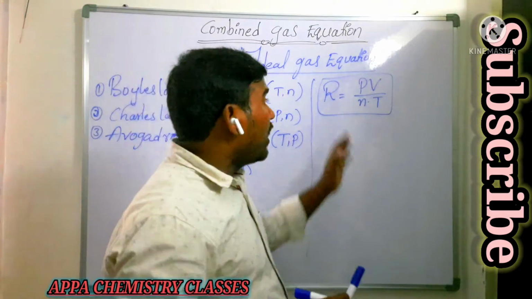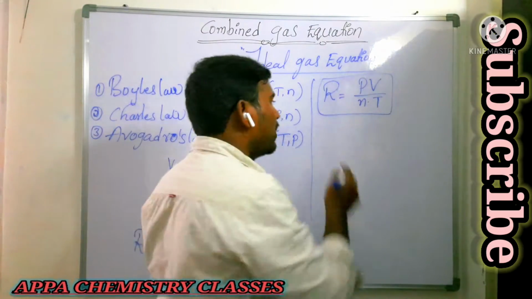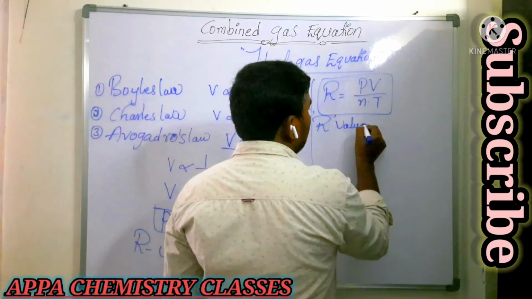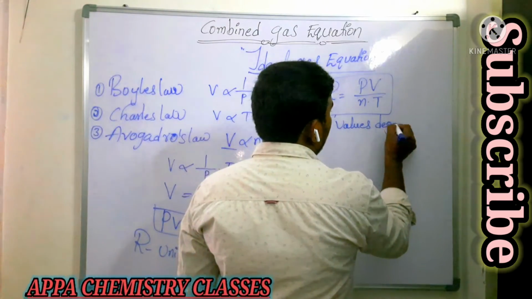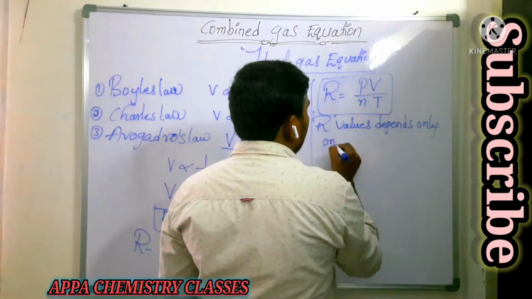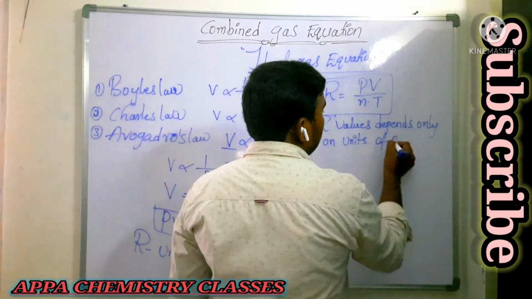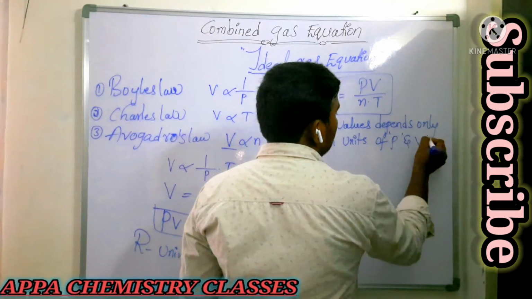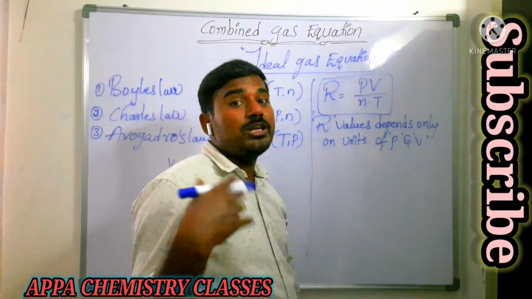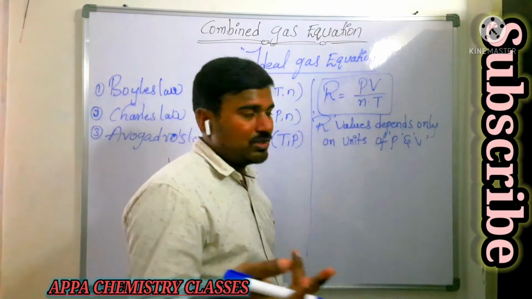The R value mainly depends on the units of pressure and volume which we are taking. It does not depend on the pressure and volume themselves, it depends on their units, because the number of moles and temperature will be constant.